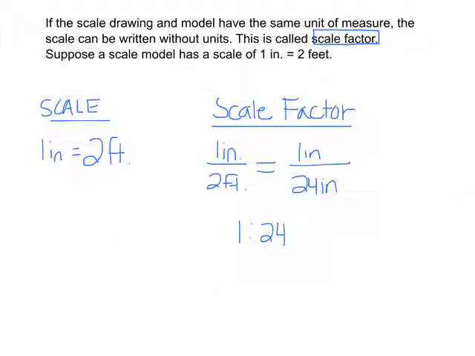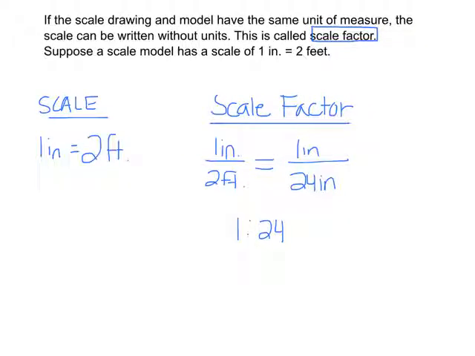If a scale drawing and model have the same unit of measure, then the scale can be written without units. So if they're both in inches or they're both in feet, this is called a scale factor. Suppose we have a scale model that has a scale of 1 inch equals 2 feet.